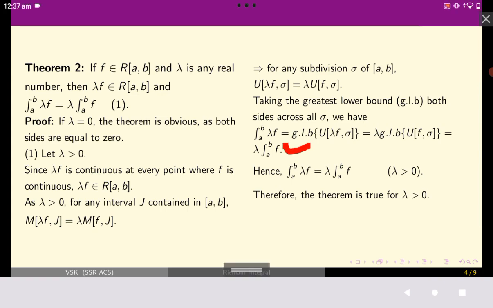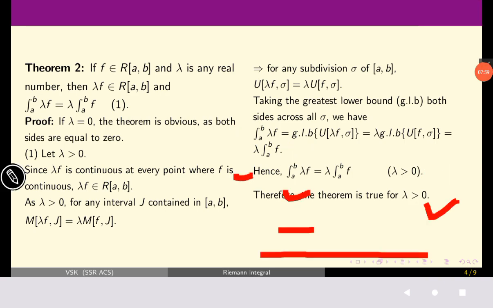So from the first and last, we have shown that the integral from a to b of lambda f is equal to lambda times the integral from a to b of f when lambda is greater than 0. Hence, we have proved that the theorem is true when lambda is greater than 0.